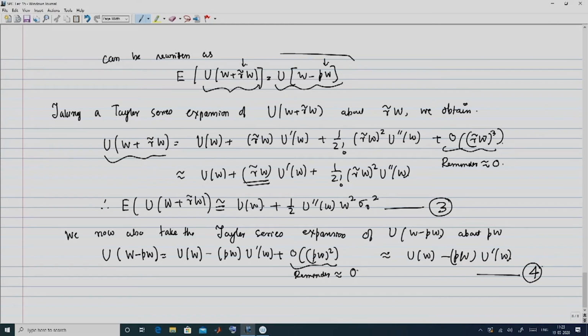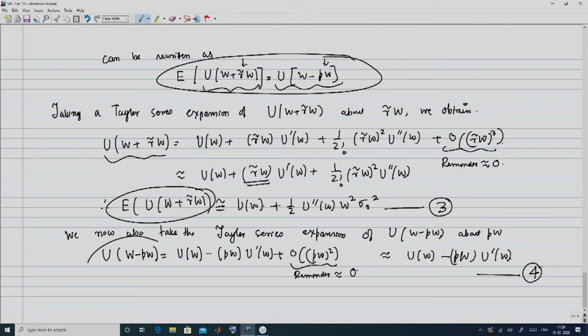Now, since the left hand sides of these two relations are identical, I can equate the right hand sides of 3 and 4.